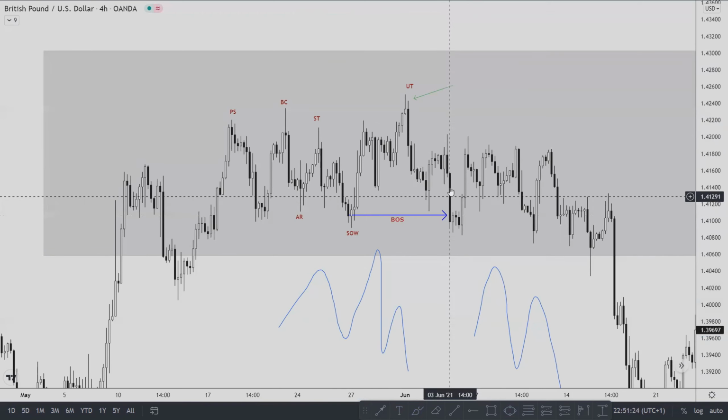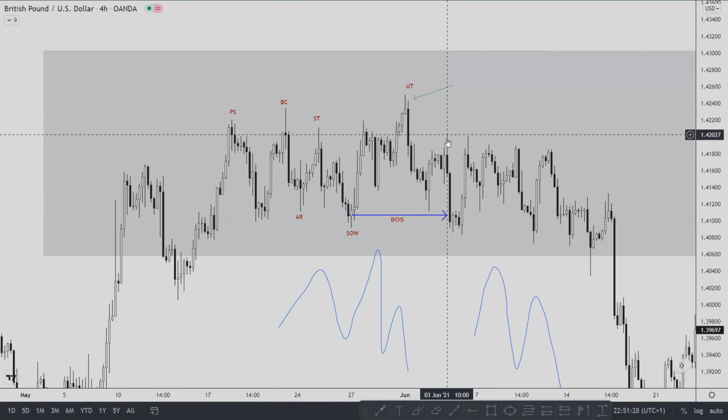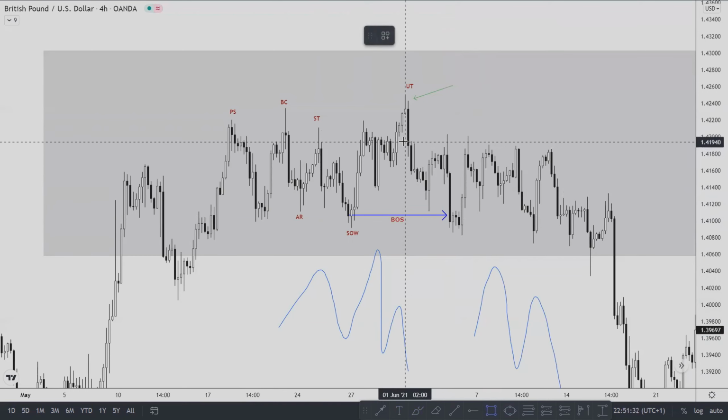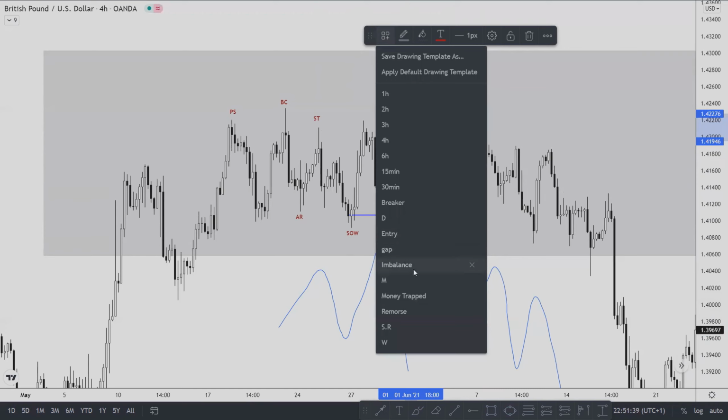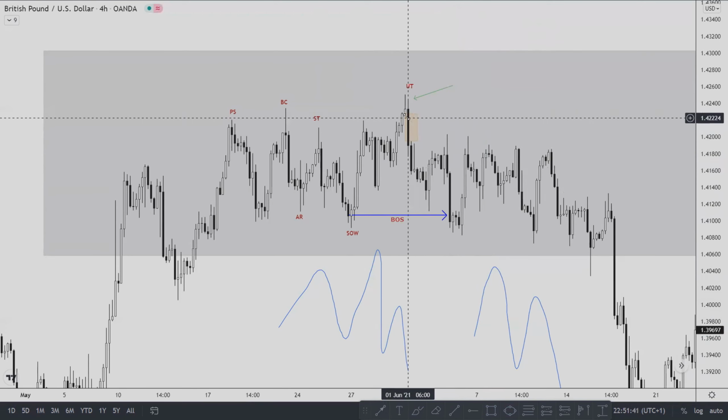So now you can anticipate for price to retrace into an area. So points of interest is this imbalance right here. This imbalance right here.